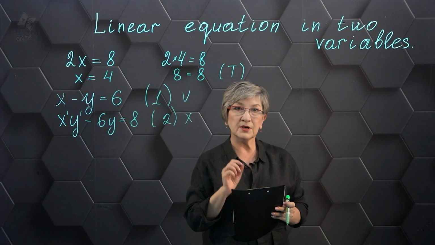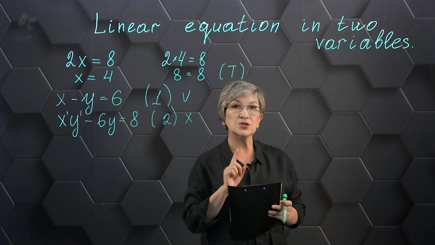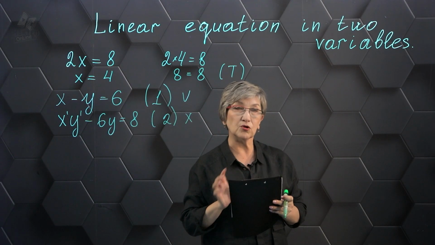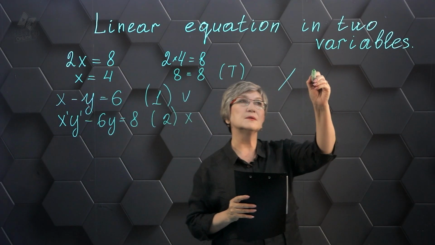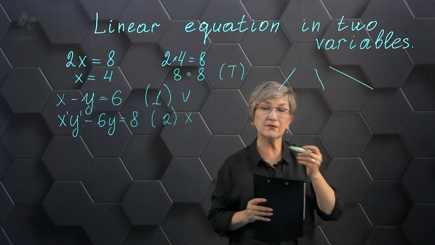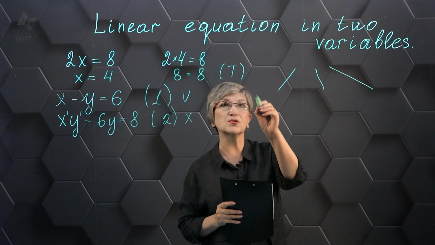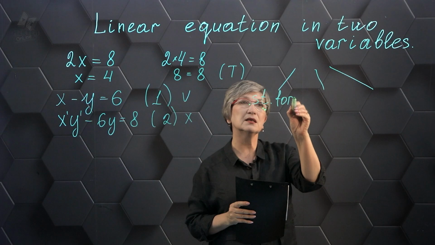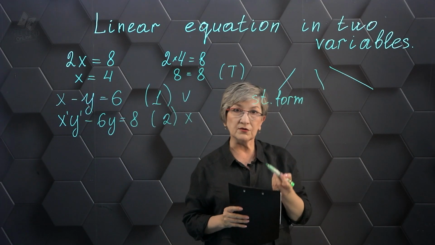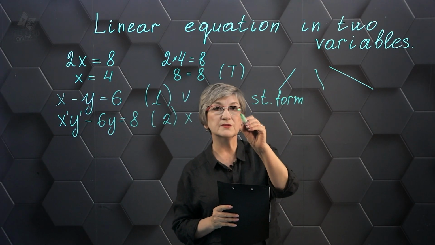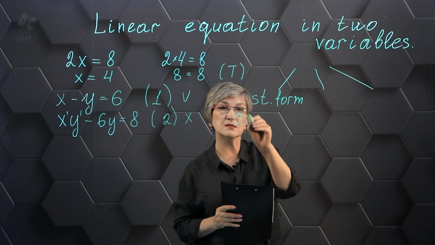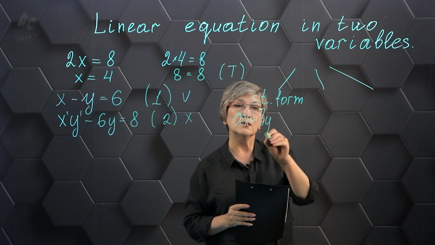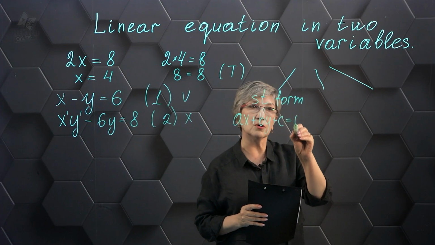A linear equation with two variables can be written in 3 forms. Let's write down these forms. The first form is the standard form. I will write it down. Standard form. This equation will look like the following: Ax plus By plus C equals 0.